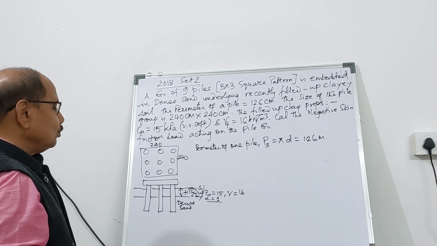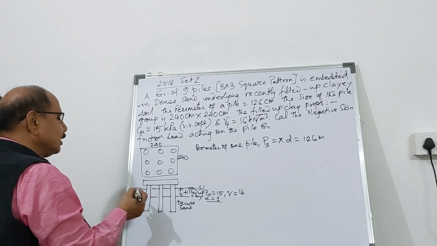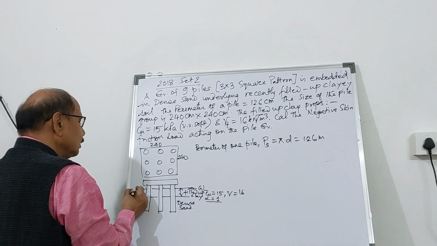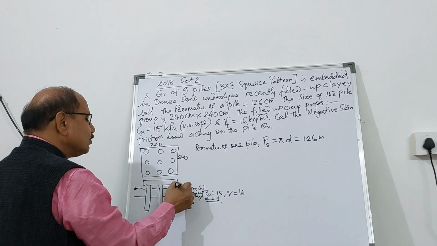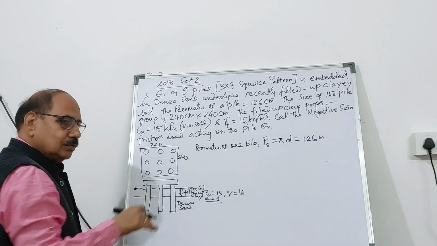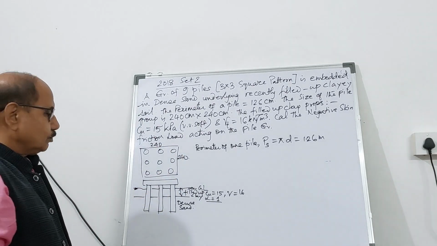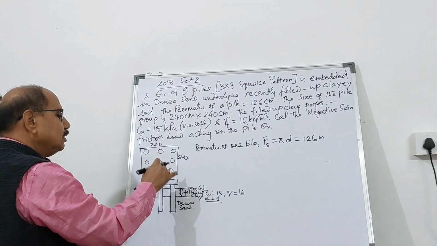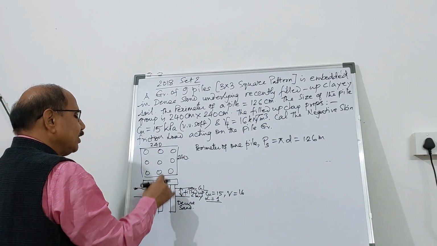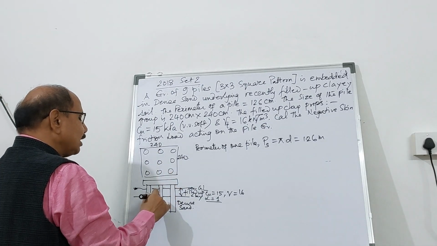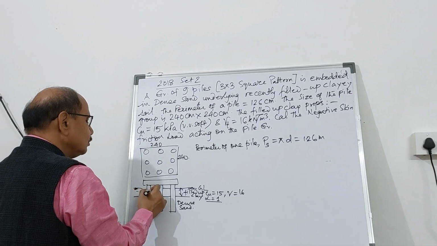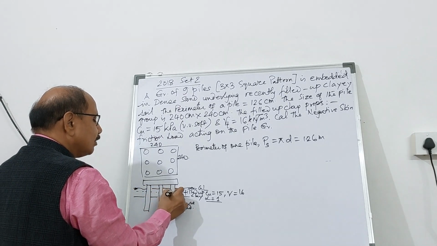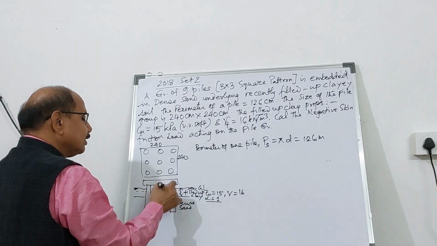So if you want to find out the negative skin friction, the negative skin friction is going to develop because this filled up soil will try to settle down. It gets decomposed over a period of time and it will settle. So its position after settlement will be somewhere here.